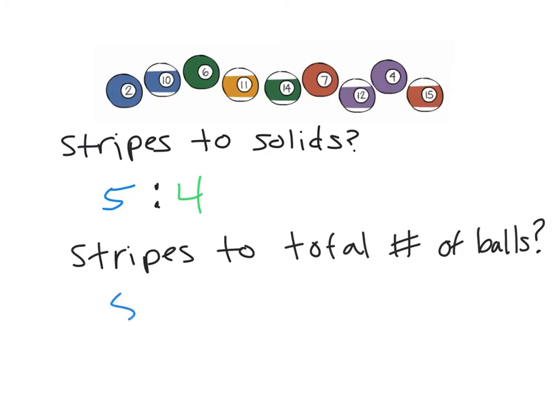So I'll have 5 stripe balls to the total number of balls. The total number of balls also includes all my stripe balls. So let's see how many balls I have together. 1, 2, 3, 4, 5, 6, 7, 8, 9. So I have 5 to a different quantity, 9. My ratio is 5 to 9.